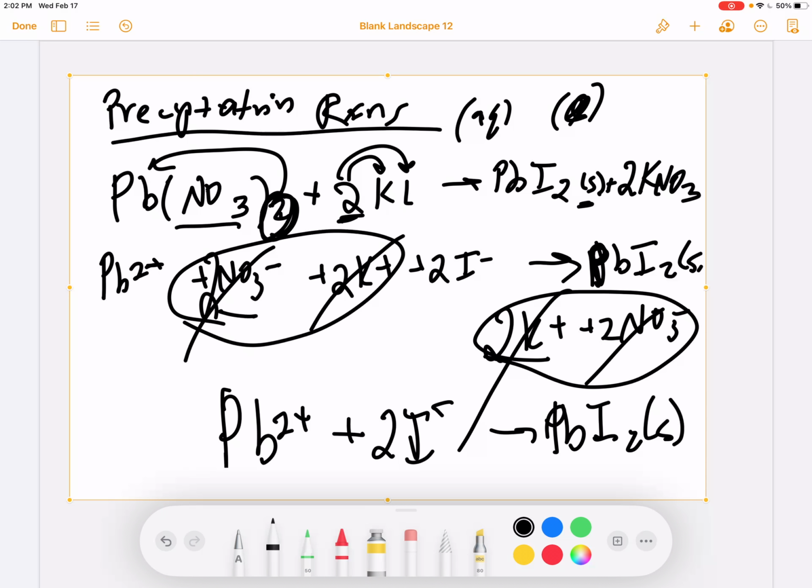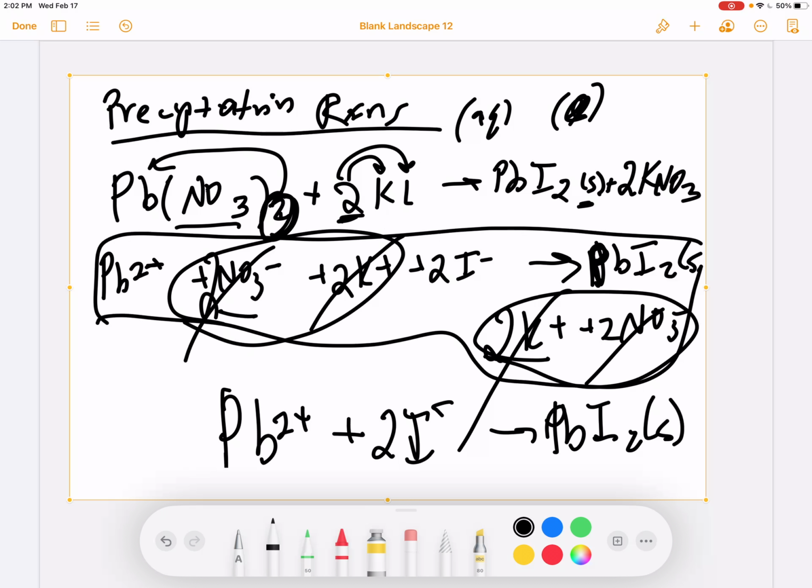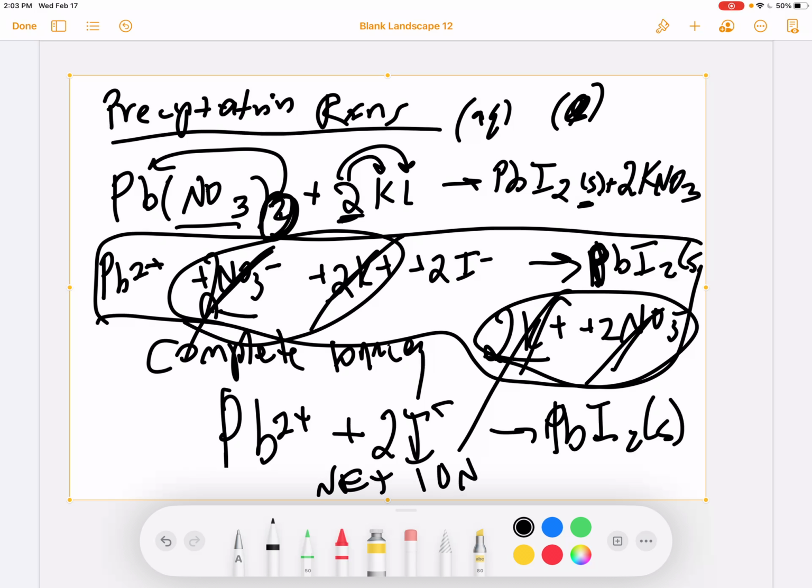Writing out all of the ions is called the complete ionic equation. The ones that we crossed out are the spectator ions, and the ones that are left over are called the net ionic equation. The net ionic equation is what's actually important to us in this equation.